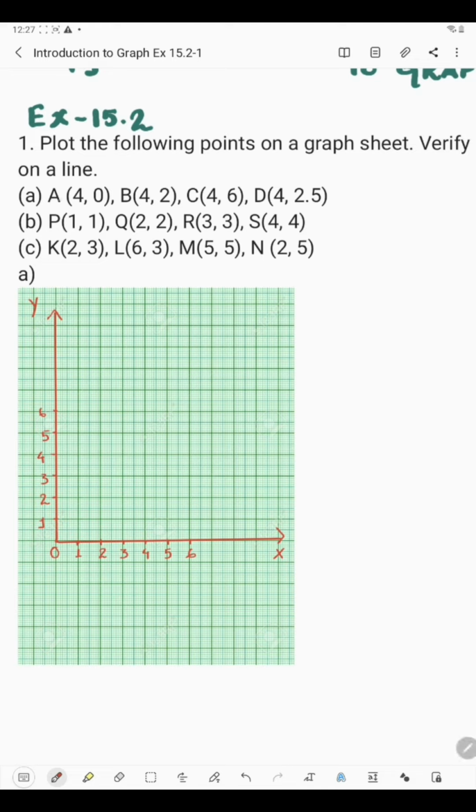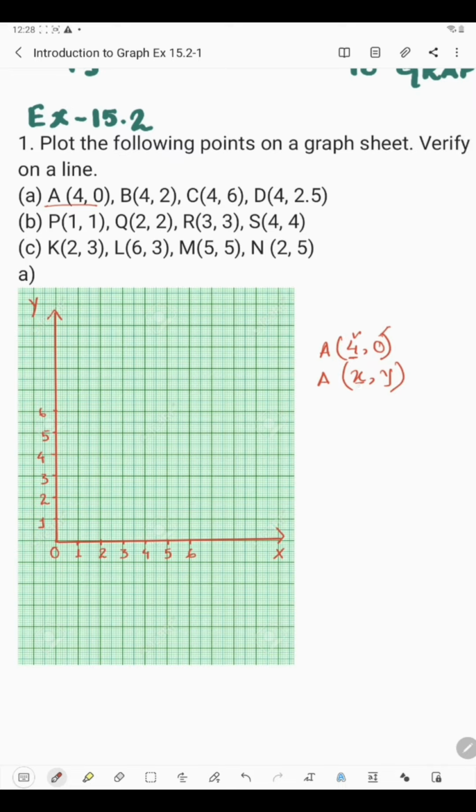Now at first we have the value of A, which is 4 and 0. This is x and this is the value of y. Since the value of x is 4, we will have to put this value on the x-axis.